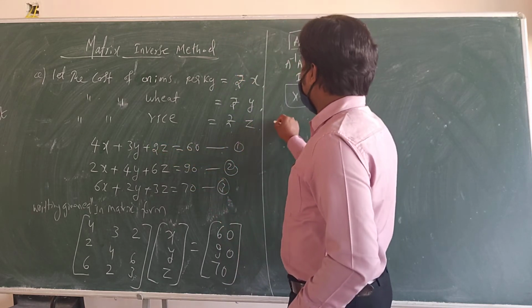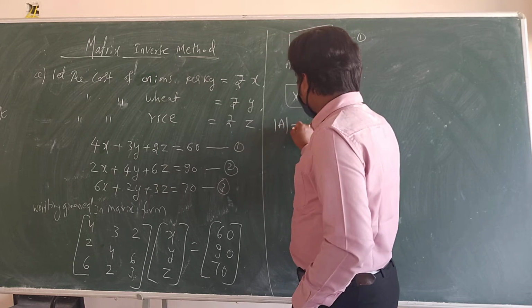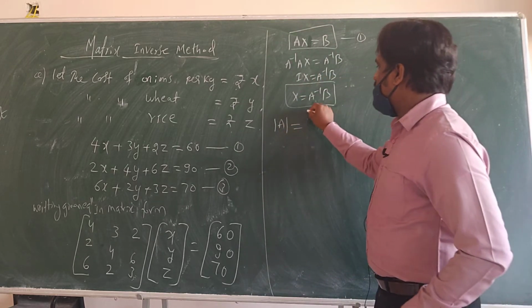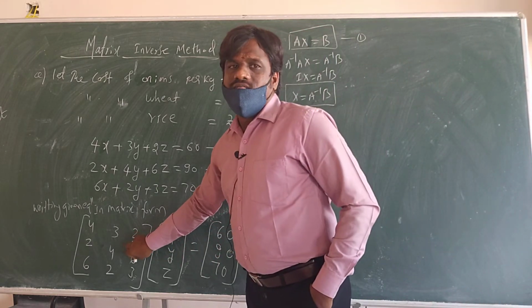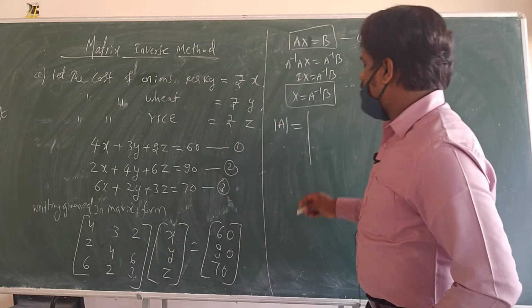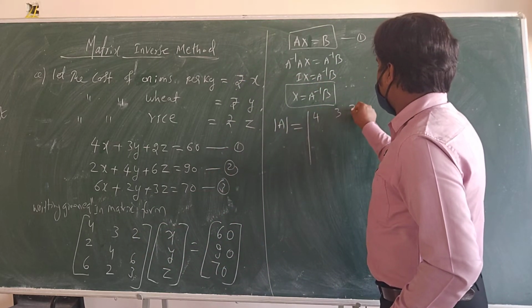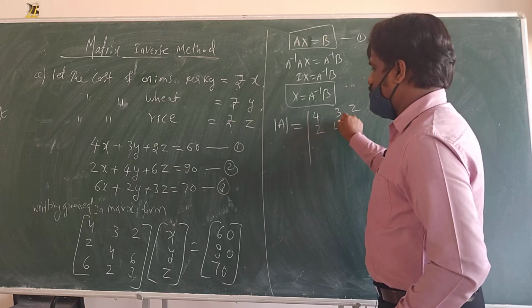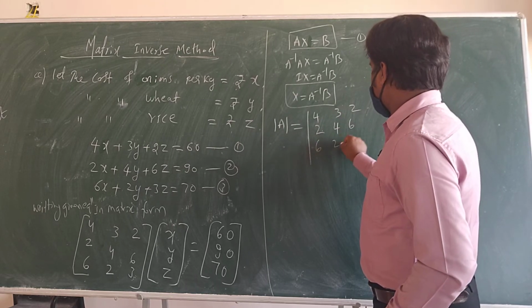So what do you do here? We will find the determinant of A. This is A, that's why we gave names. So we have the matrix 4 3 2, 2 4 6, 6 2 3.